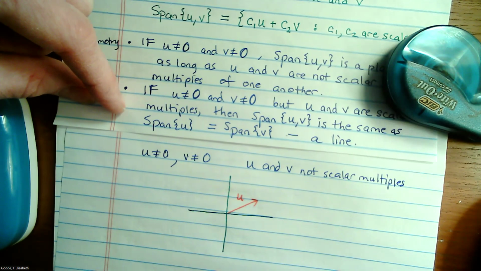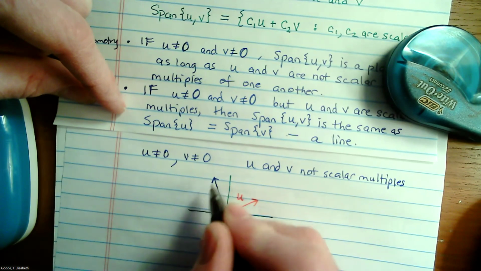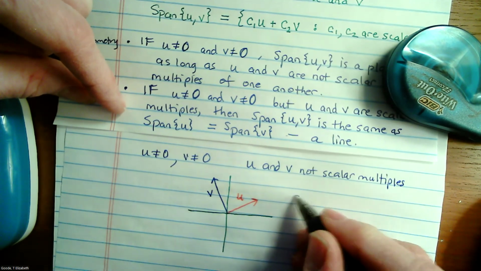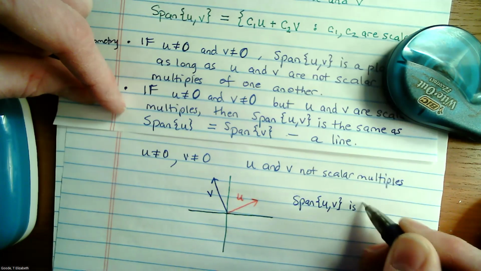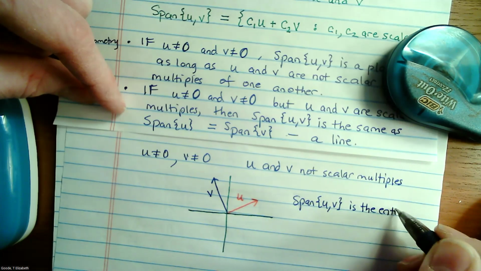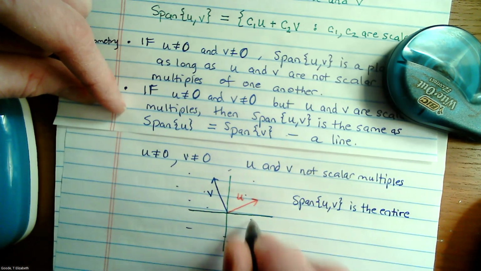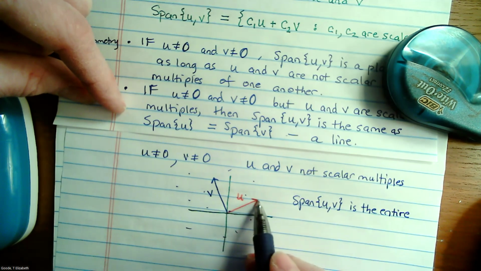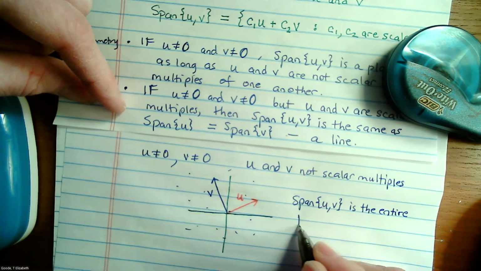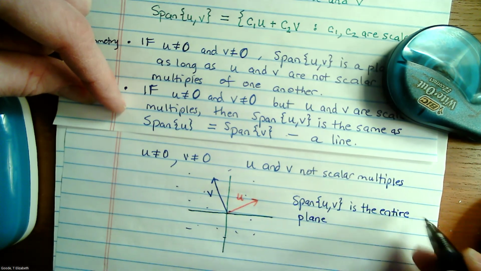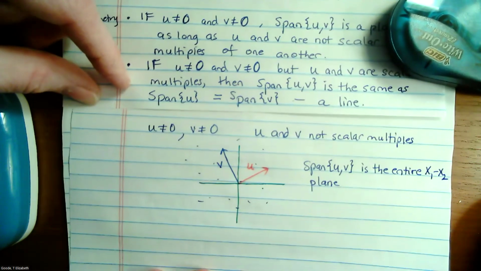But let's say that V goes off in a different direction. Maybe it's even a different length. The span of U and V is the plane. Because you can find any point in this plane by taking an appropriate scaled version of U and adding an appropriate scaled version of V. It's the X1, X2 plane, if they're not on the same line.